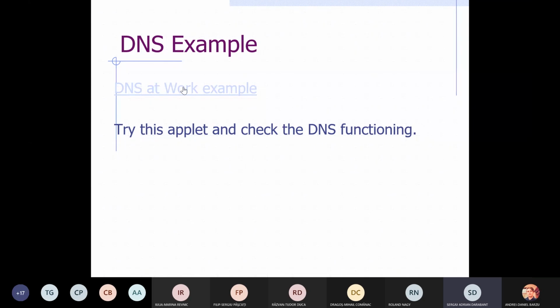It's an applet that shows you how recursive versus iterative actually happens when you have 3, 4, 5, 6 steps to perform, and they are colored differently, and it's kind of nice to see how that information gets back.